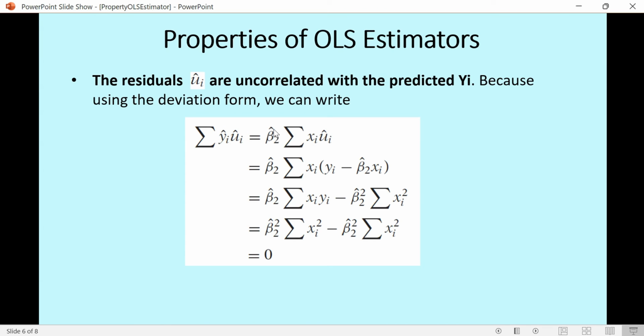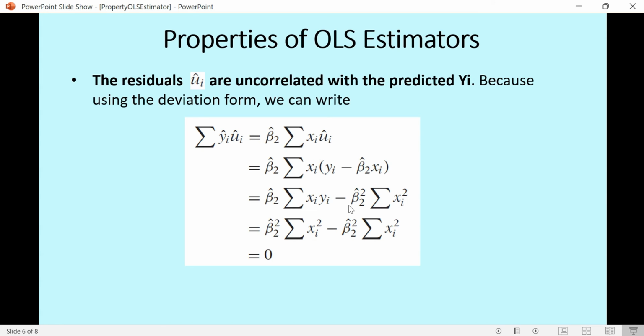Then we can write this as follows, because this is a deviation, we can write beta 2 hat times xi, which is also a deviation. Then we can express the residue as yi minus beta 2 hat times xi. Because here is not a hat, it is the deviation between the actual y and the y mean value, right? So this is the residue part.